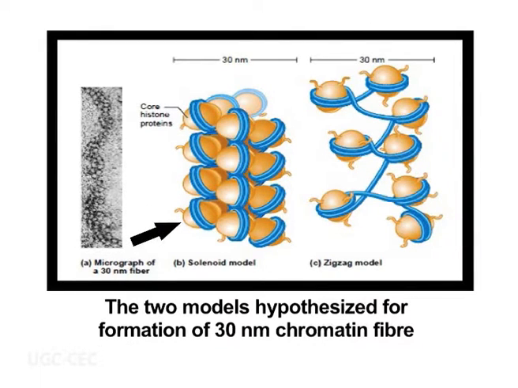But experimental researchers confirmed that it is the solenoid model and not the zigzag model, which is the way in which the nucleosomes are held closer to each other in the 30 nanometer fiber. Now here, the linker DNA connects the core nucleosome particles into a continuous helical array, and each turn contains about 6 to 8 nucleosomes.